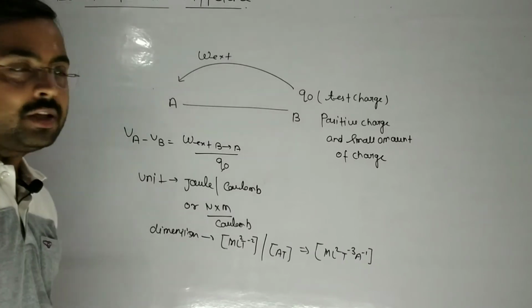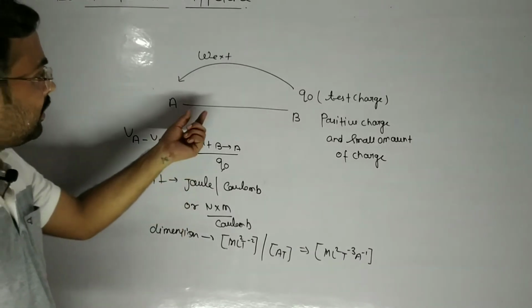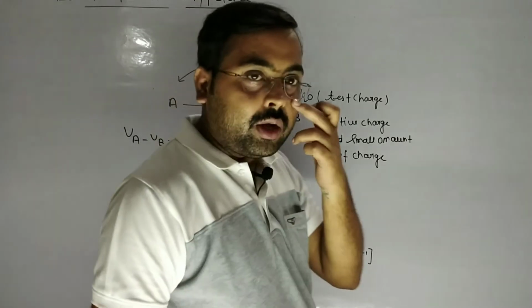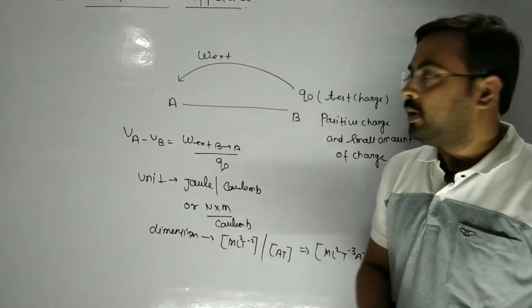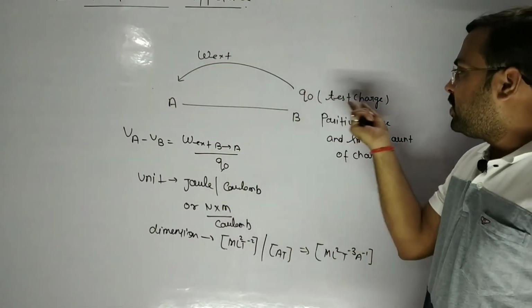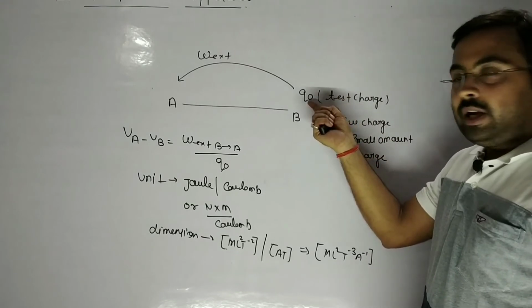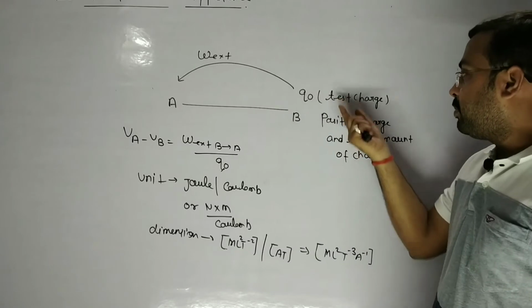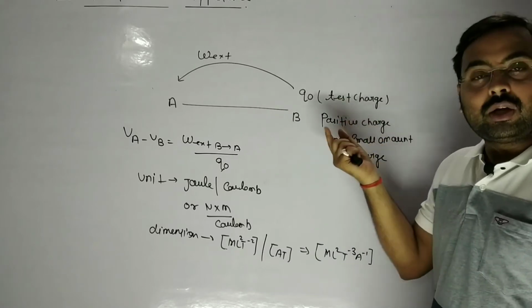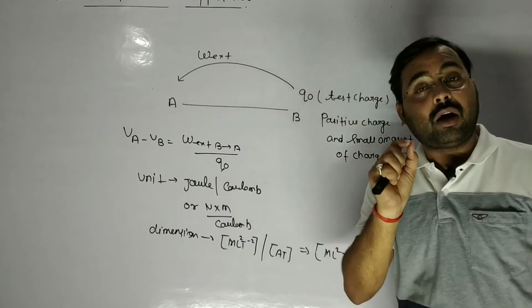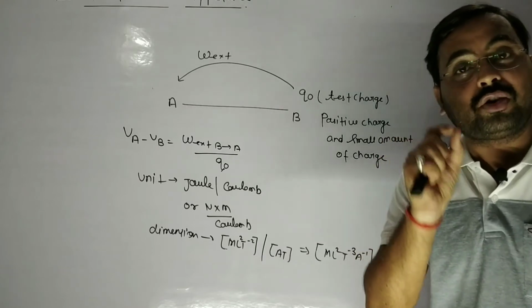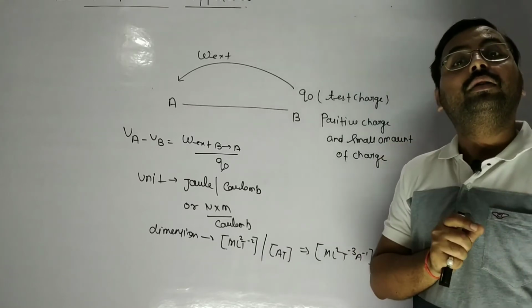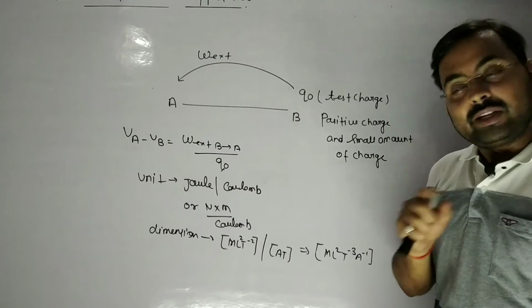Let a test charge be placed at distance r from the first point in a field. That means let a test charge Q naught be placed at point B. What is a test charge? A small amount of positive charge is called a test charge.